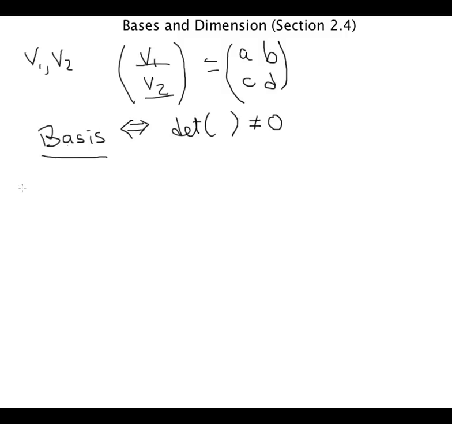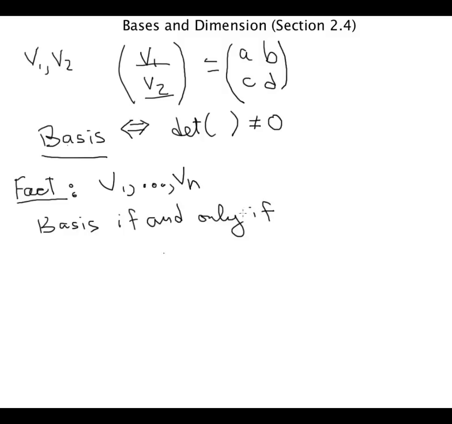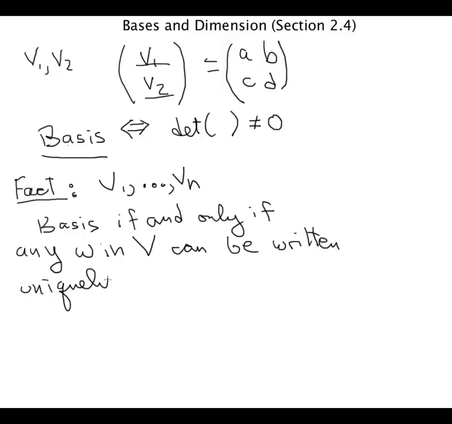So here's one useful fact about bases. Suppose you have a set of vectors v1 through vn, then this is a basis if and only if any vector w in V can be written uniquely as a linear combination of these vectors, which is to say in the form a1 v1 plus dot dot dot plus an vn.